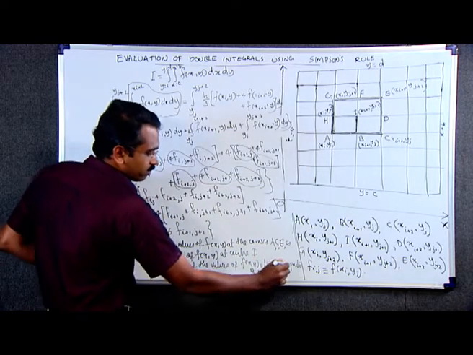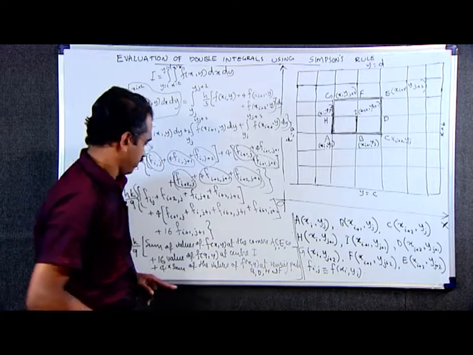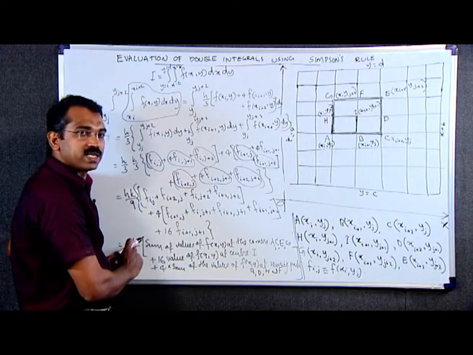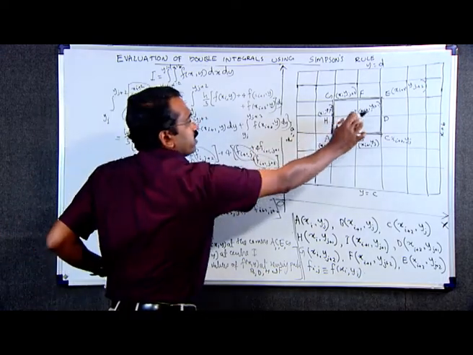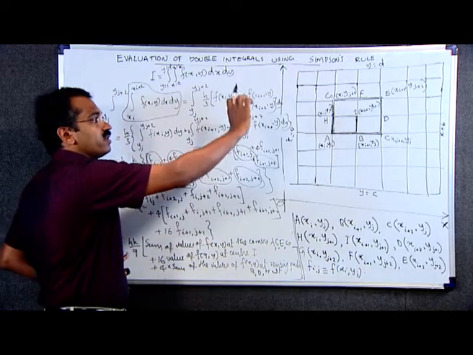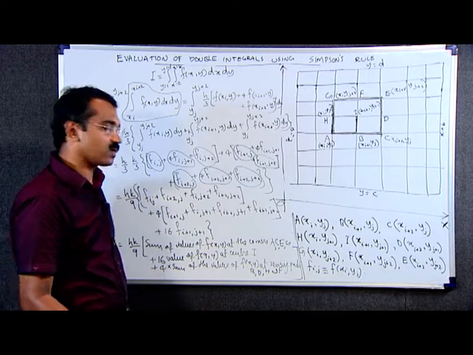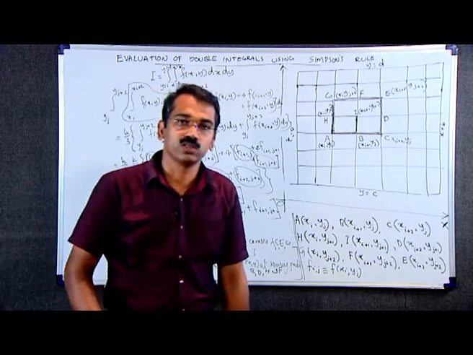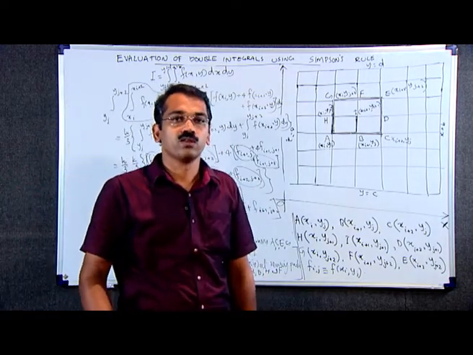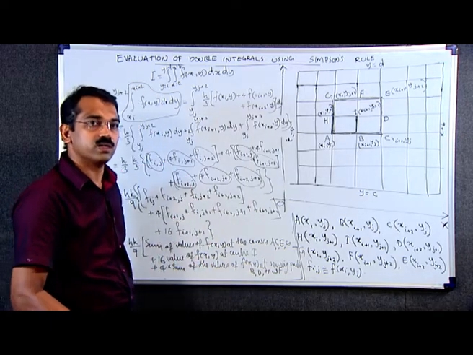hk/9 is common, where h is the width of each interval and k is the height of each interval. This is Simpson's one-third rule of integration for evaluating a double integral.